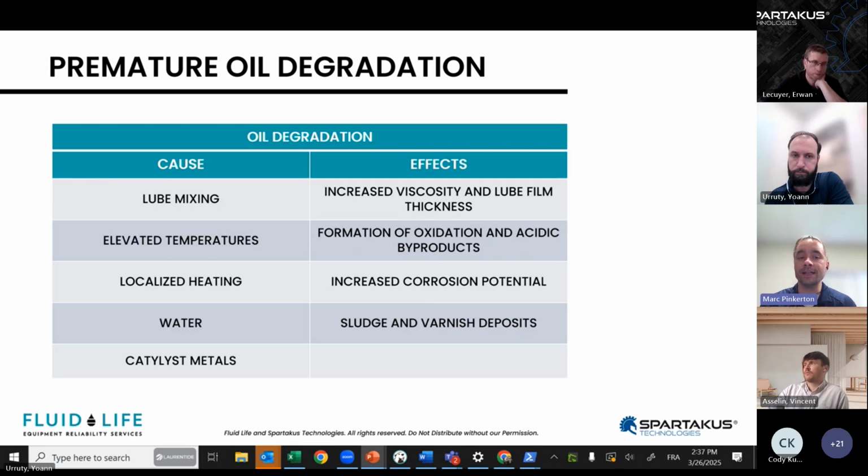Elevated temperatures and localized heating are going to promote oil oxidation, so oil degradation. The rule of thumb is for every 10 Celsius above the maximum operating temperature of the oil, you're going to lose half of its life. So it's going to oxidize quicker, degrade quicker, and thicken up. It might smell like eggs, and it might turn a darkish brown or even black color.